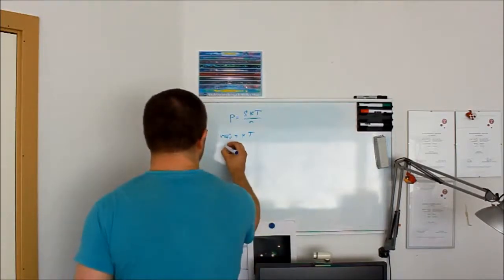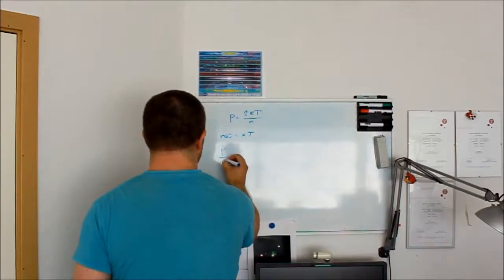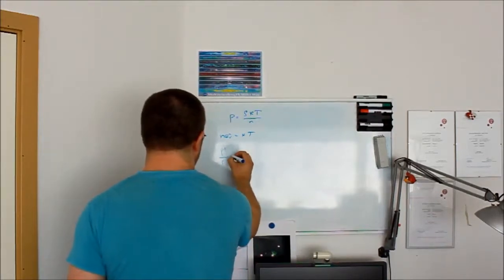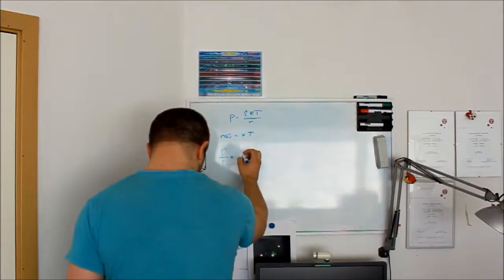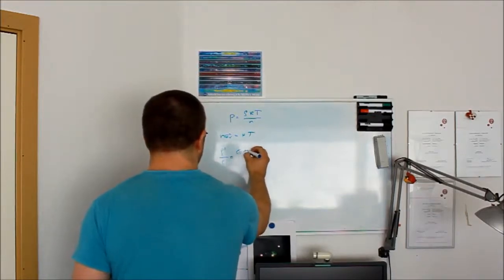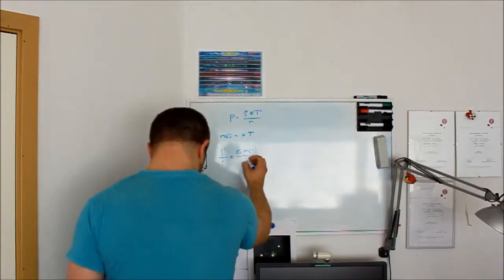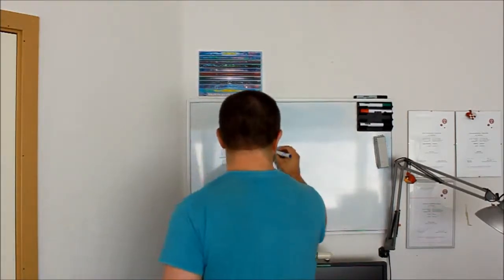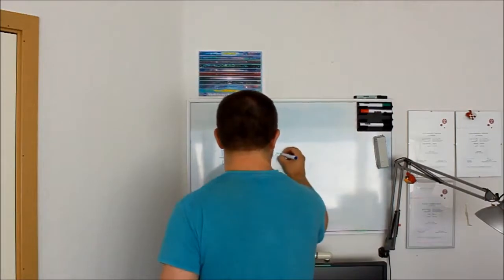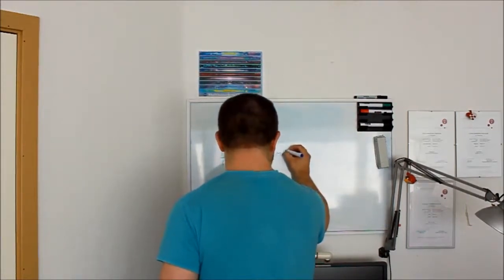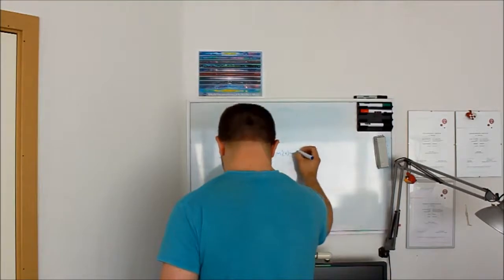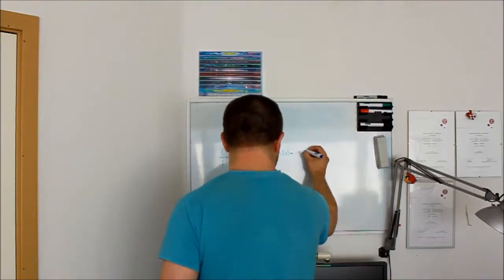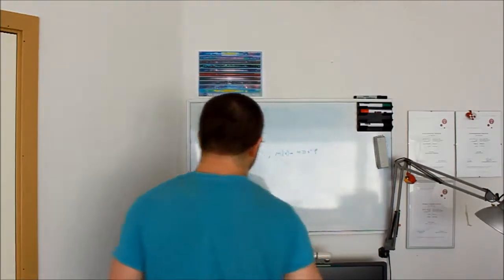Then from that we can derive two equations. We can derive that rho dot over rho is equal to GM(R) over R squared. And we can also derive that M dot (R) is equal to 4 pi R squared rho.